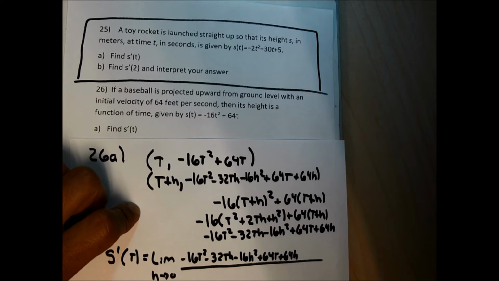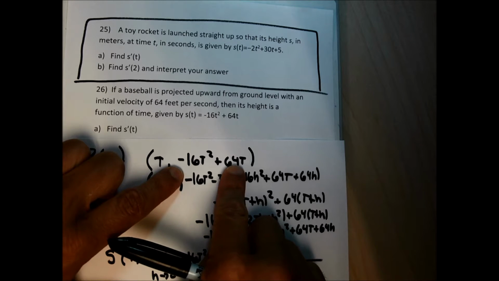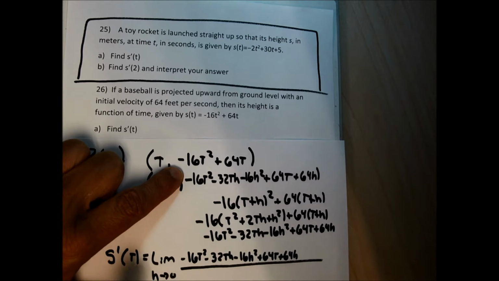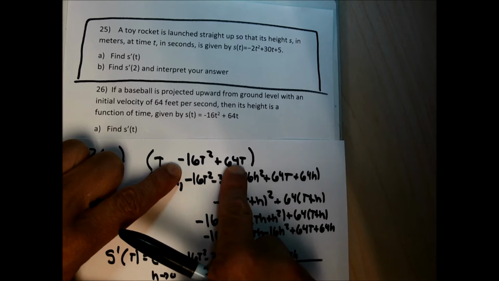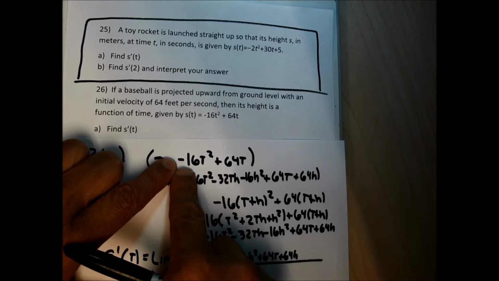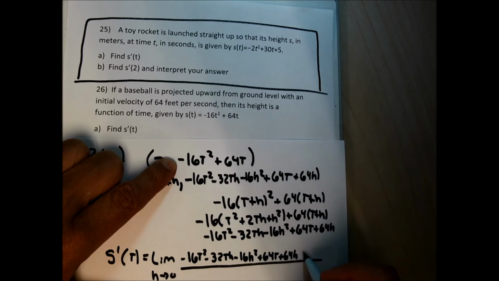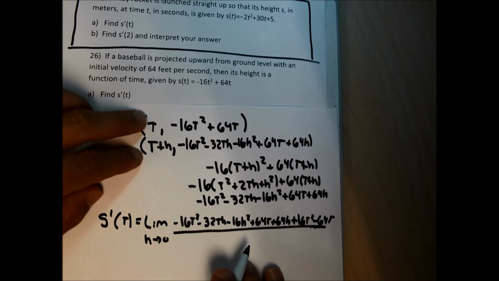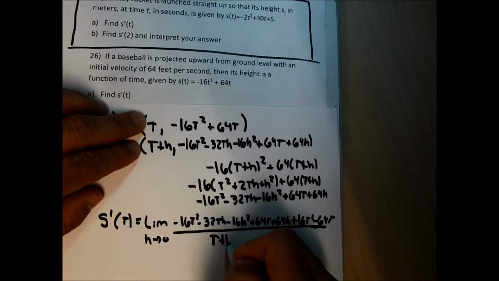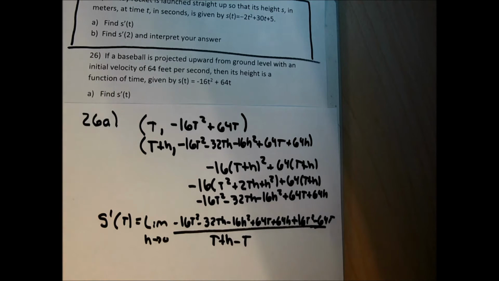That's y2, and then minus y1. And when we do the minusing, instead of putting the parentheses in, we'll just change the signs. So it's going to be a minus a negative 16t squared, which will turn into a plus 16t squared, and then a minus 64t, all over x2, t plus h, minus x1, t.